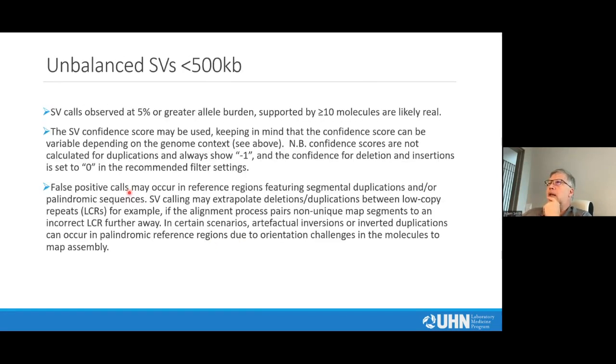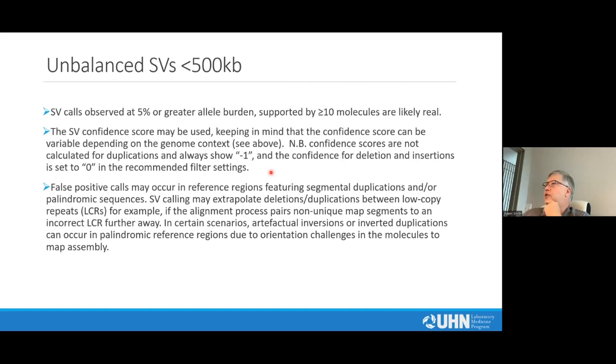Moving on, unbalanced SVs less than 500 kb. SV calls observed at 5% or greater allele burden supported by greater than 10 molecules are likely real. SV confidence score may be used, but just remember my comment about the genome context here, and that confidence scores are not actually calculated for duplications. They're always -1, so just don't let that give you pause.